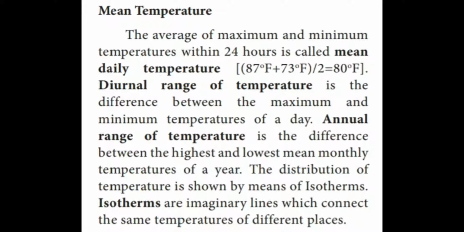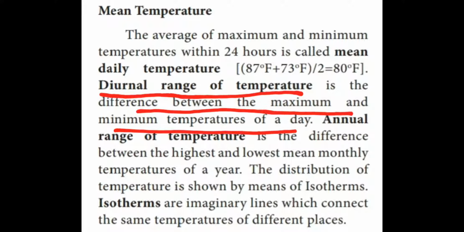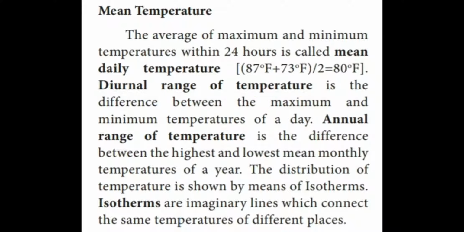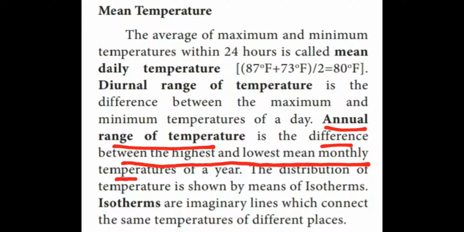Okay. Next, diurnal range of temperature is nothing but the difference between the maximum and minimum temperature of a day. Okay. Difference between maximum and minimum temperature of a day is called as what? Diurnal range of temperature. Next, annual range of temperature is the difference between the highest and lowest mean monthly temperature of a year.